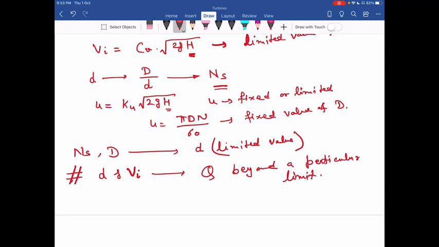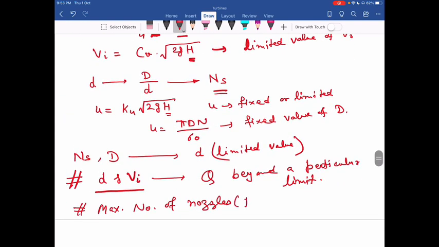This is because of the limiting value of these two factors. So to use the available discharge at maximum optimum level, I can use the number of nozzles up to 6. So the maximum number of nozzles, or you can say jets, is up to 6.